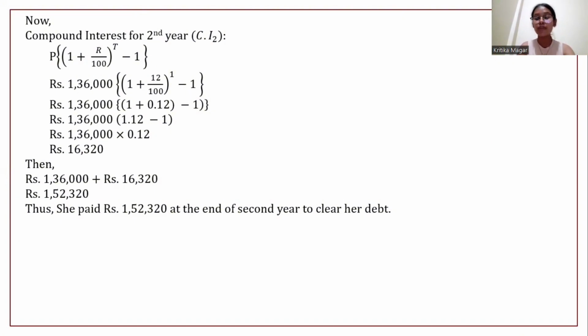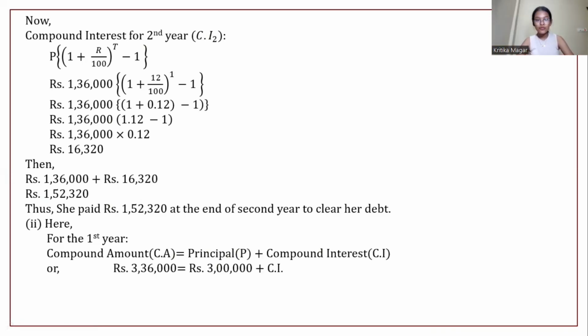Now moving up to our second question. The question is, find the total interest paid by her in 2 years. We have already found her interest in the second year, but we haven't found her interest in the first year. So we have to find her compound interest in the first year. To find it, we use another formula: compound amount equals principal P plus compound interest CI.